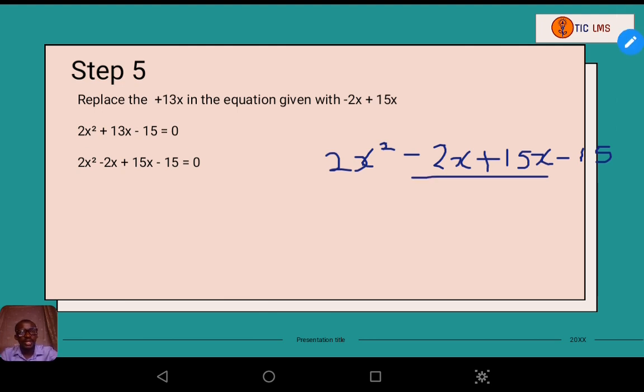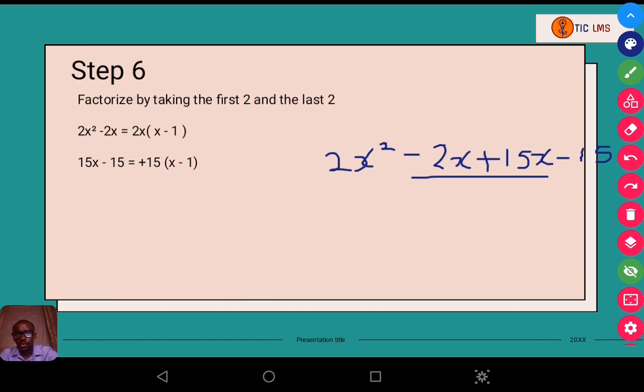The next thing that we do, according to what we have here, is factorize. So we are going to take it like this and this, and then this and this. You have 2x squared minus 2x, and then positive 15x minus 15.